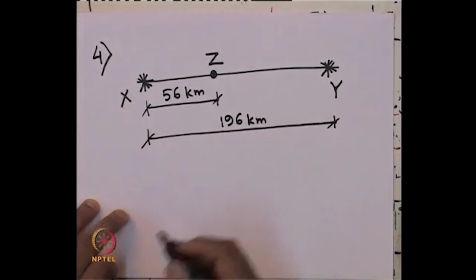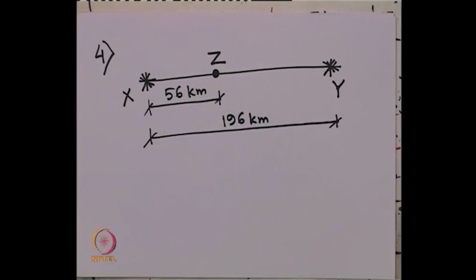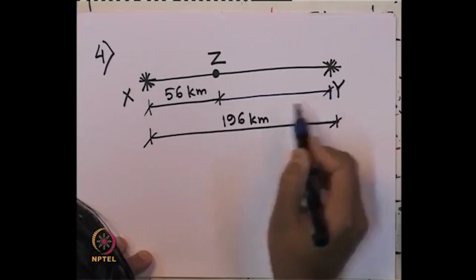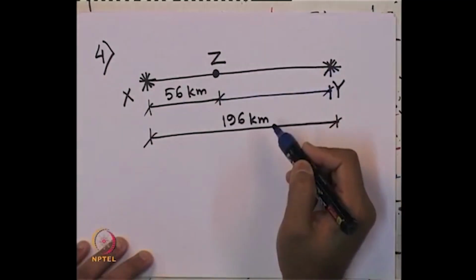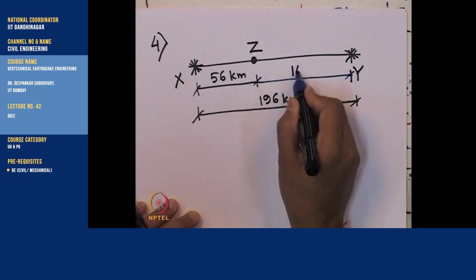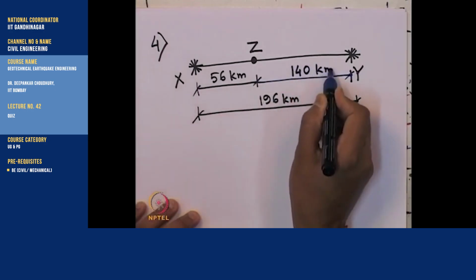So, automatically we can calculate the distance between the epicenter and station Y, which comes out to be 140 kilometers, right.